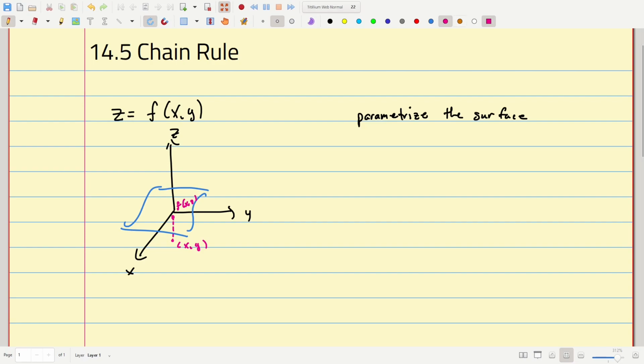But there are going to be situations where it's more useful for us instead to think about the coordinates, I'll draw it over here, that are local to the surface itself, where I will have a u-axis and a v-axis. We'll do s and t on the surface.